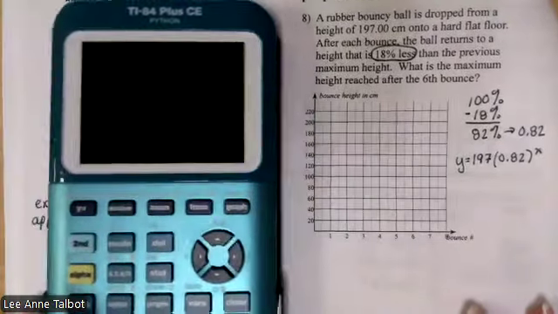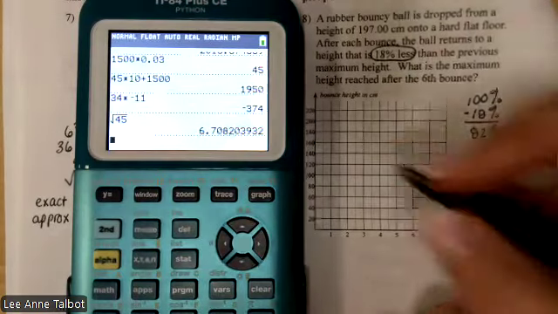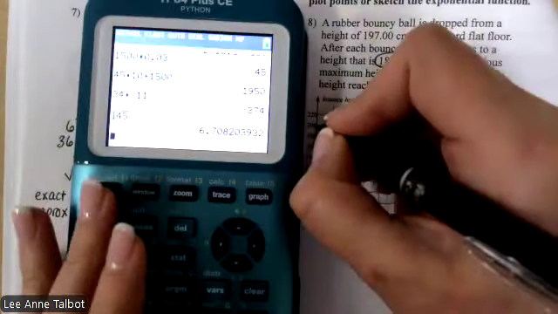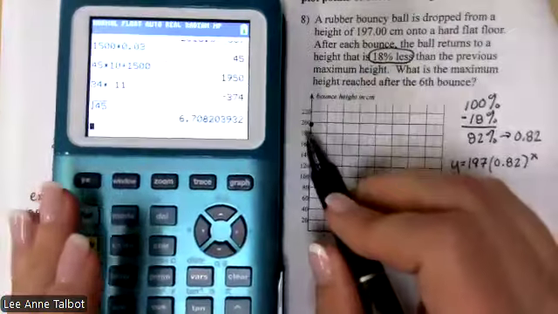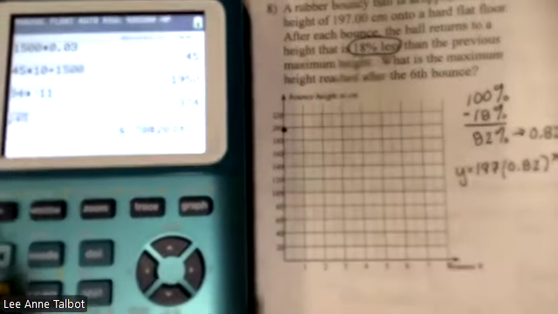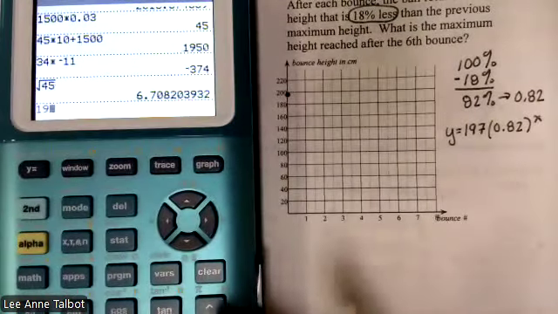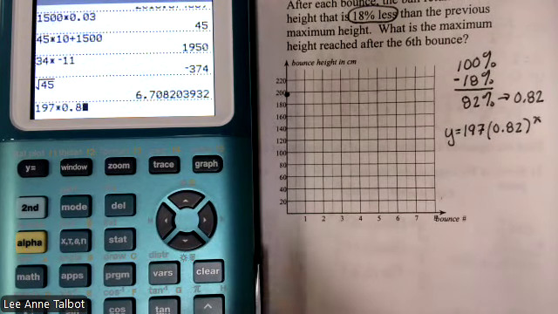Okay, now how am I going to graph it? This is how I'm going to graph it. So I'm going to say the start is 197. So I'm going to go right under the 200 there and make a dot. And then I'm going to do 197 times 0.82.